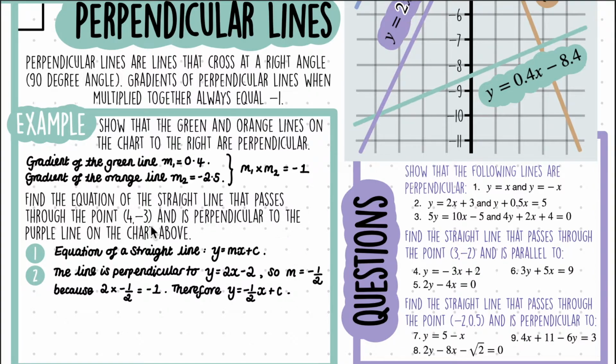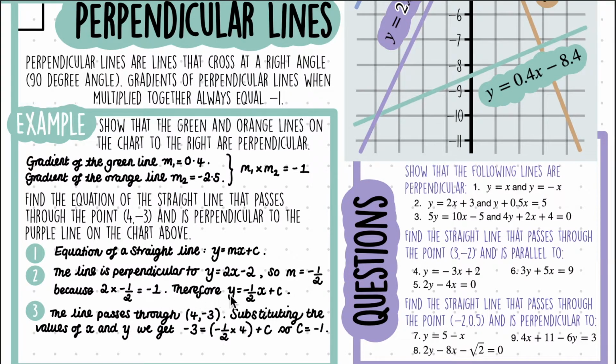Going back to our question, we have a bit more information. We know that this straight line passes through this point here. So we can use these values of x and y in this point, substitute them into our equation, rearrange and find out what c is. And here we go. This y becomes minus 3, which is there, and this x becomes 4, which is there.